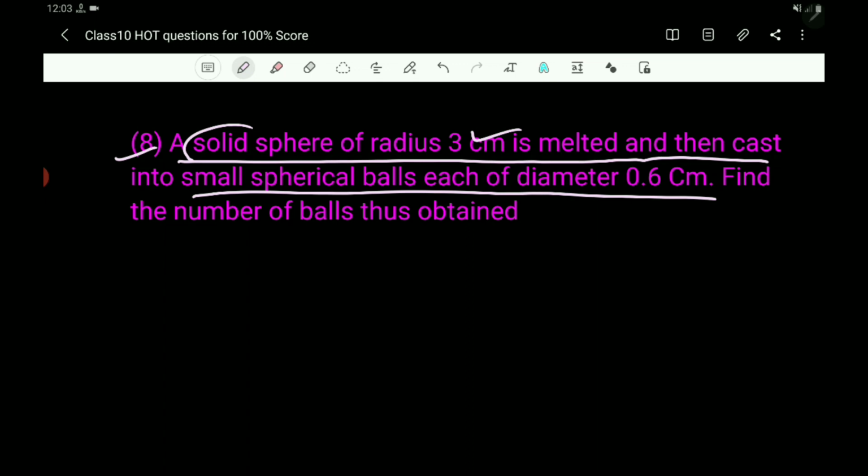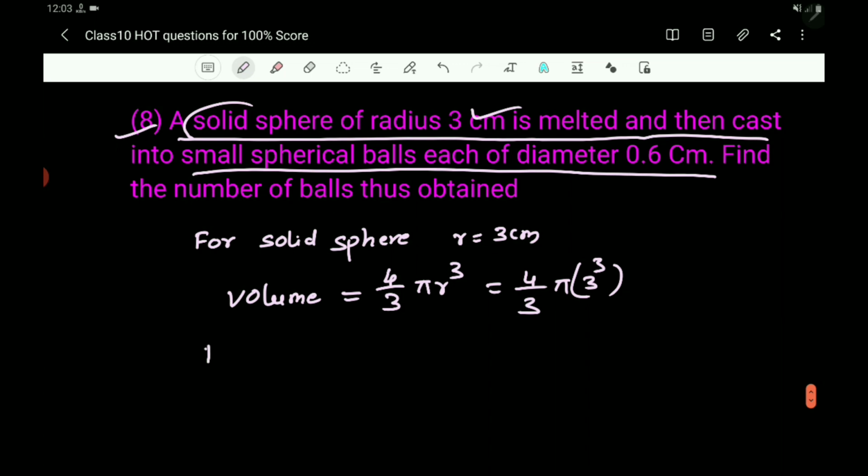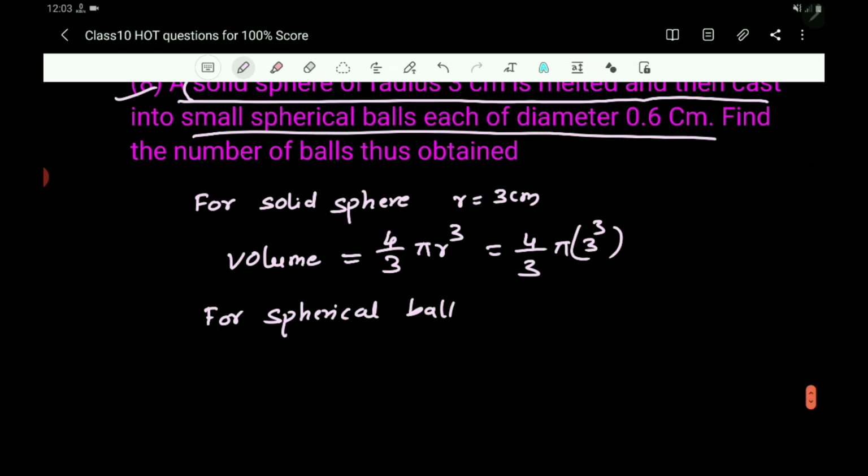First, for the solid sphere, R equals what? 3 centimeter. Then volume equals 4 by 3 pi r cube, that equals 4 by 3 into pi into 3 cube. Then for the spherical ball, what is R?